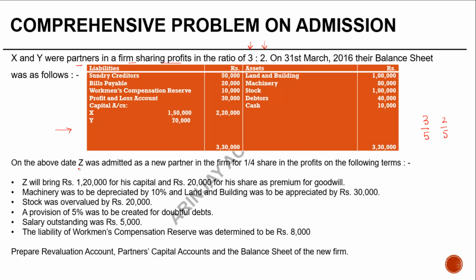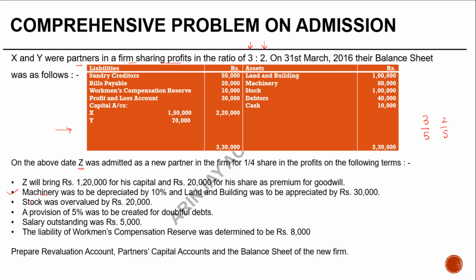On the above date, Z was admitted as a new partner in the firm for 1/4 share in profits on the following terms. Z will bring in 1,20,000 as his capital and 20,000 for his share of premium of goodwill. Machinery to be depreciated by 10% and land and building was to be appreciated by 30,000.